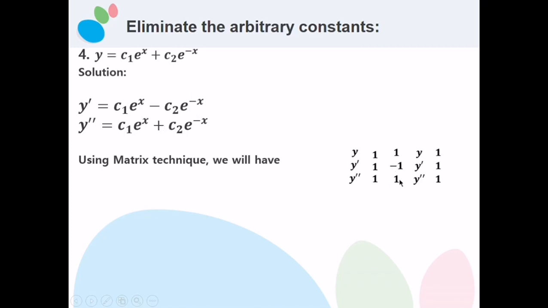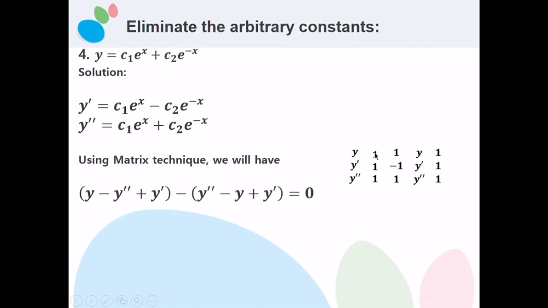And then again, for this technique, I'm just going to copy the first two columns here and multiply from up to lower, and then minus lower to upper. Okay, so first, y times 1 times 1, this will be y.